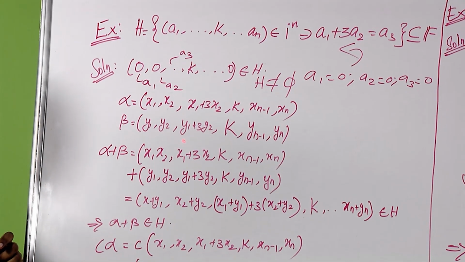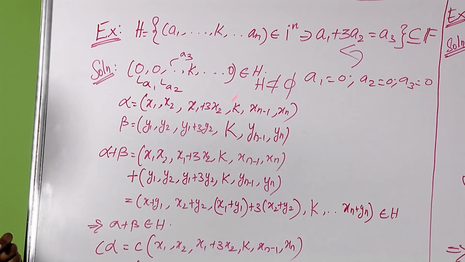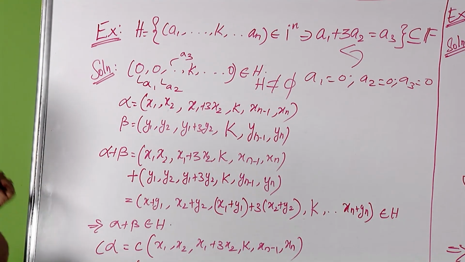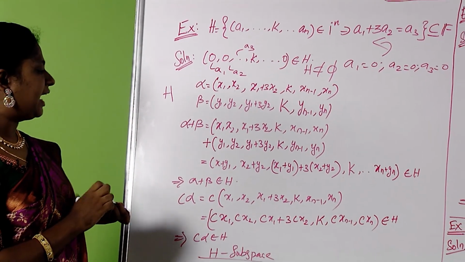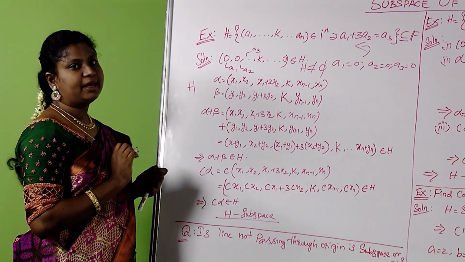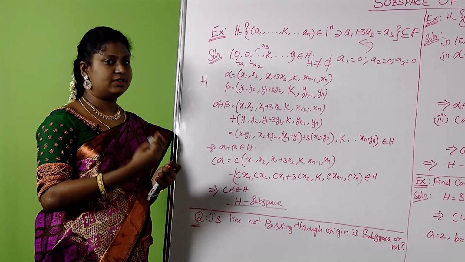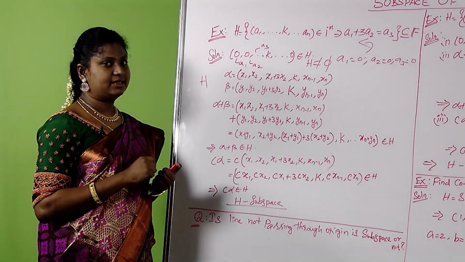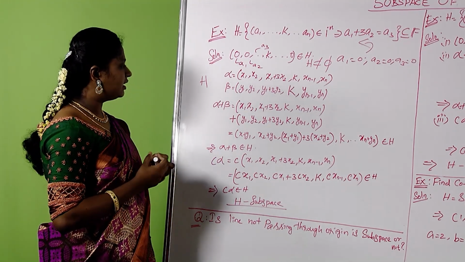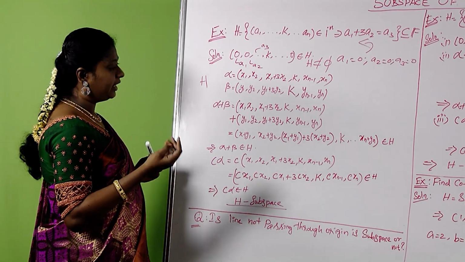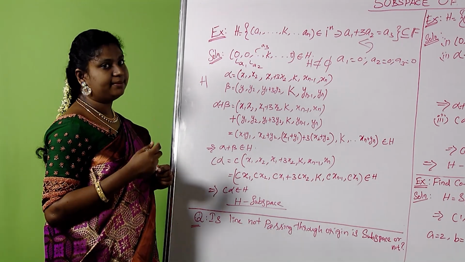So here the third entry is y1 plus 3 y2, and then the rest up to yn. I have taken two elements alpha and beta from the set H, and after that I am finding alpha plus beta. If I am able to prove alpha plus beta is also in H, there is a chance of H being a subspace, right? Therefore, I am trying to prove alpha plus beta is an element of H.